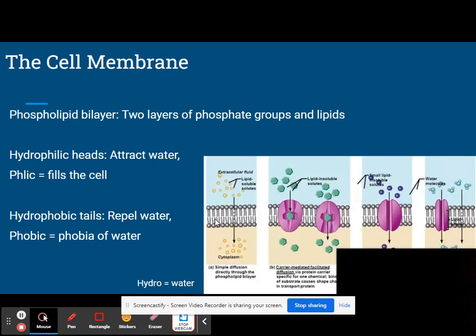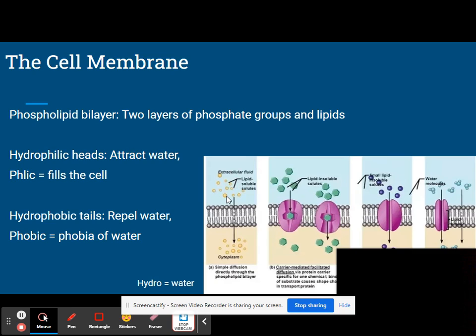What's interesting about the phospholipid bilayer is that part of the molecule likes water, the phosphate heads, and part doesn't like water, the lipid tails. This makes the molecule arrange in a way where the phospholipids are always facing the environment. For instance, the phosphates on the outside and the phosphates on the inside are always surrounding some kind of liquid, and they like the water, whereas the lipid tails are on the inside.